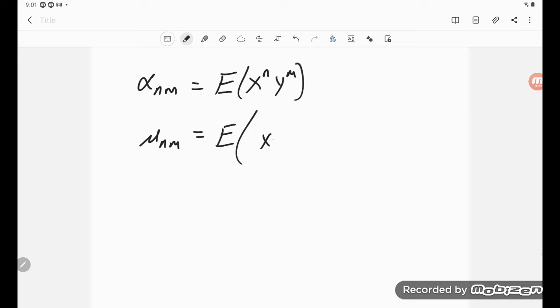And so this is x minus mx, the mean of x, to the n times y minus the mean of y to the m.